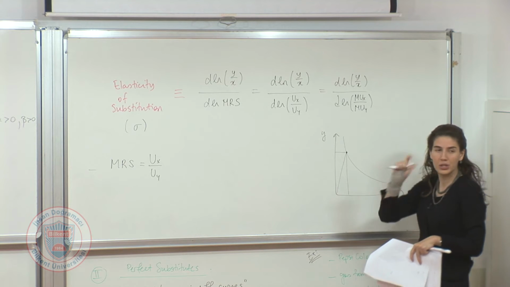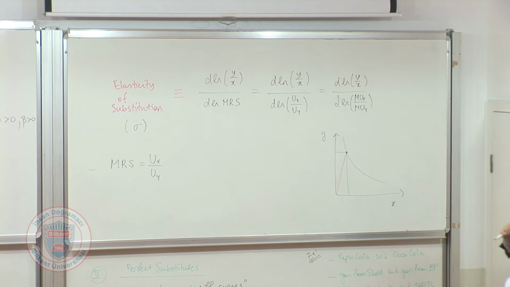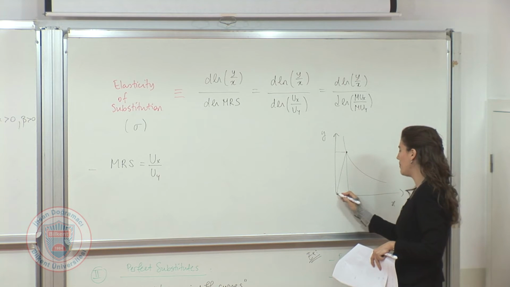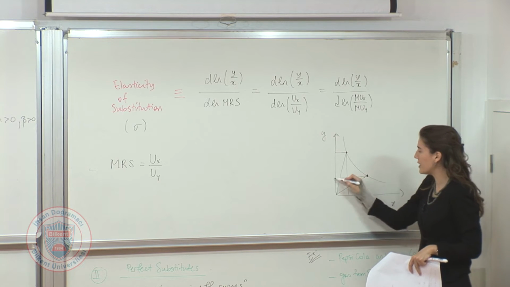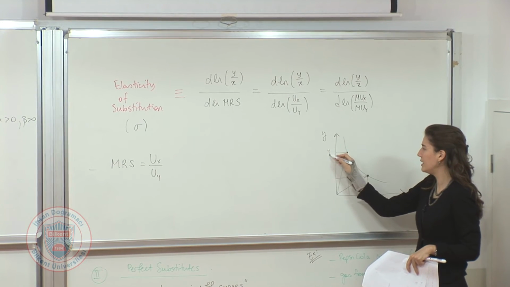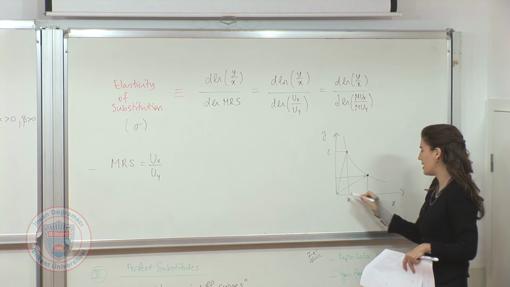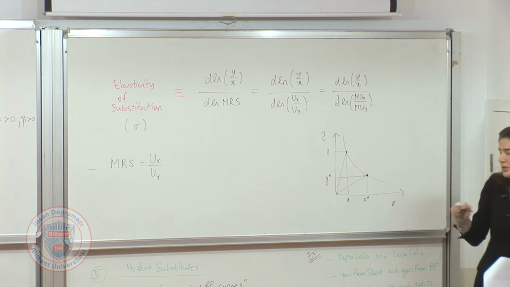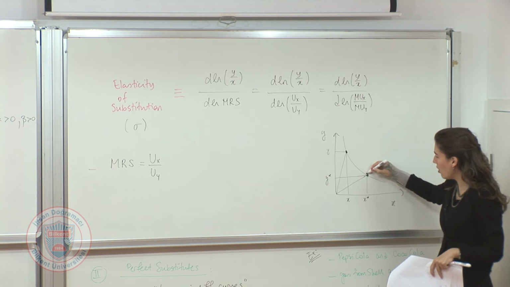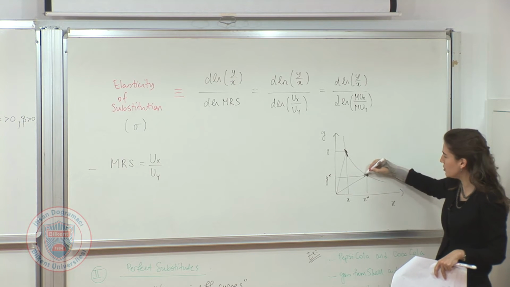Suppose you change your good mix, so suppose you come here, and you see that y here, it's like y, x, and let's put this y star, x star, okay? So you see that when you change the good mix, obviously your marginal rate of substitution will change as well, right?